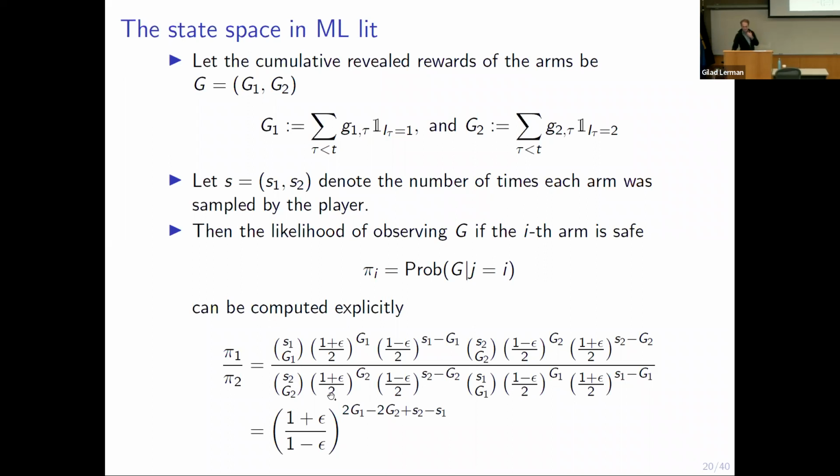You can compute it just from the Bernoulli mass function. So it's this quantity. There's a lot of cancellation. This is where the quantity 2g_i minus 2g_1 minus 2g_2 plus s_2 minus s_1 comes from. If this quantity is positive, since epsilon is positive, P1 has a higher posterior, and so on.